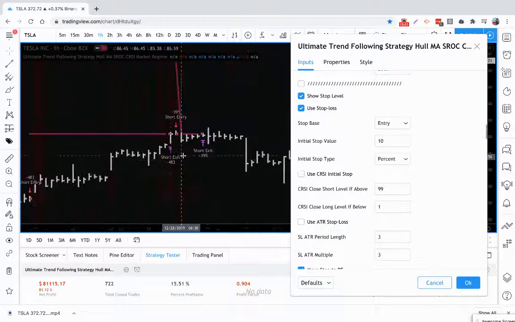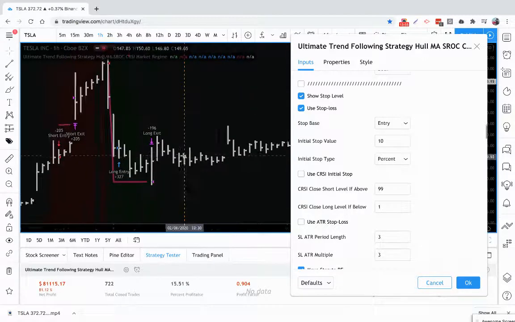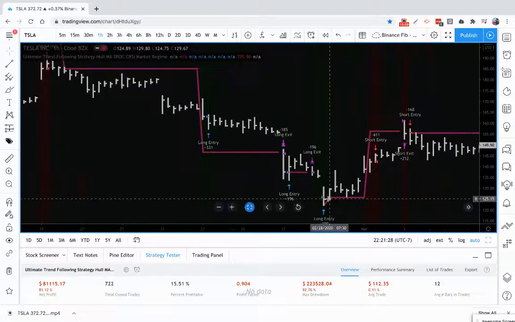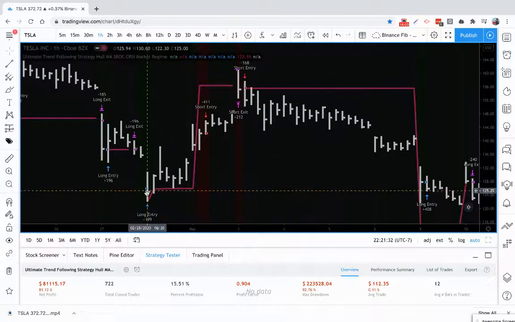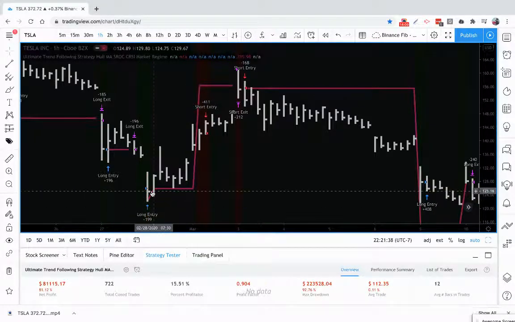Okay, so we got stop loss, 10% from entry. Let's find one where we get into profit right away. Try to find maybe a long. Let's look. Okay, here's a good example. We open a long here. We immediately get into profit, and you can see our stop loss now went into right where our entry was.